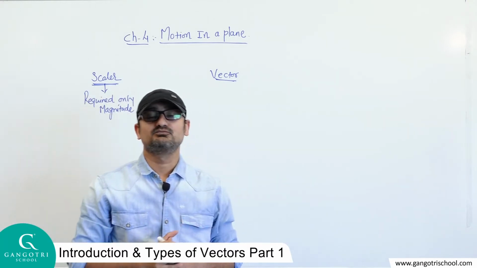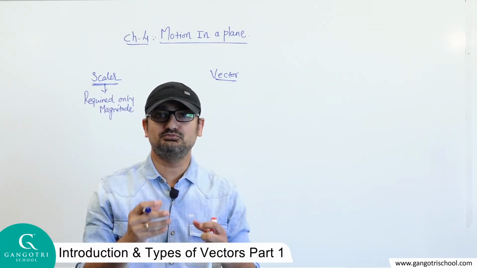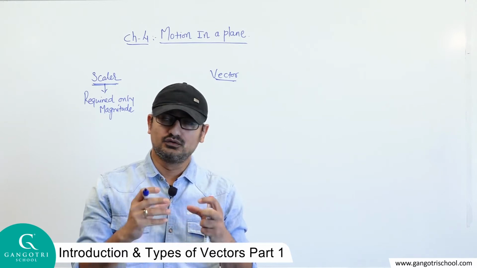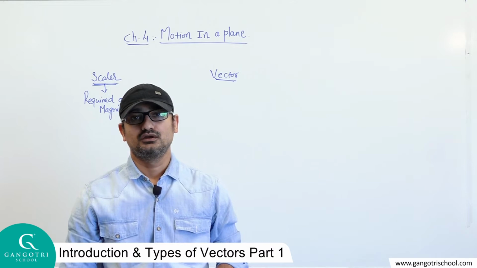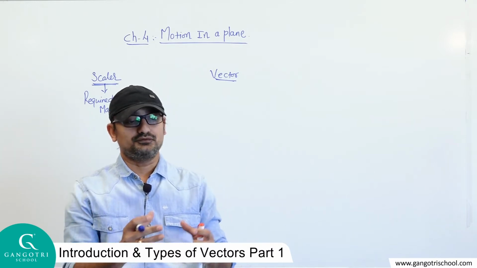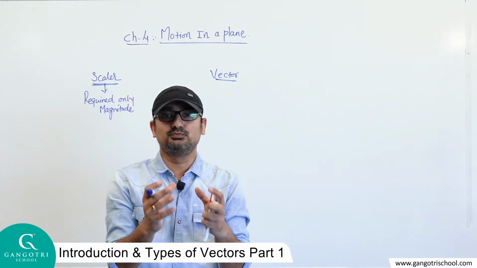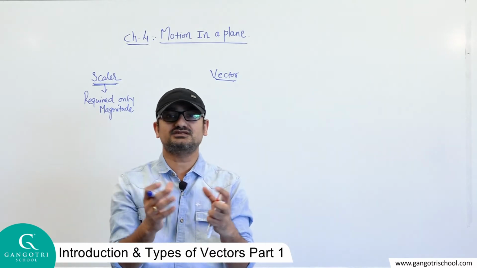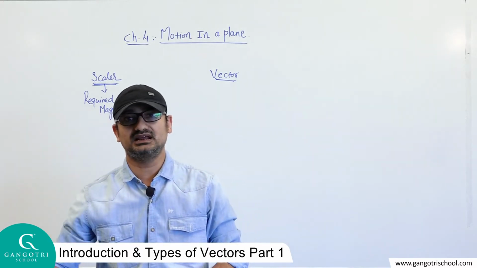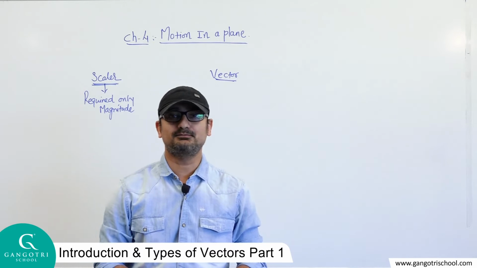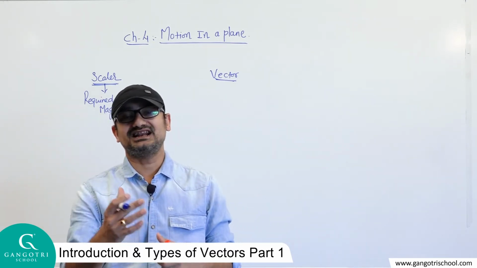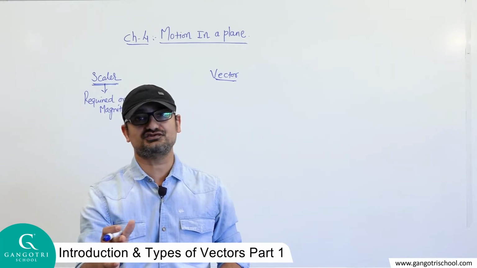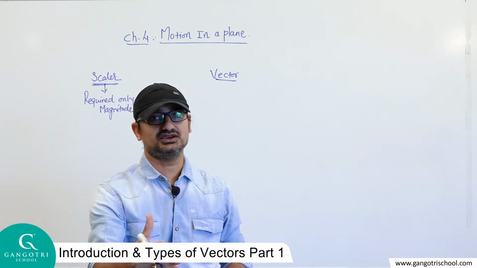On the other side, a vector physical quantity means a physical quantity which requires both magnitude as well as direction. For example, imagine a book or a block lying on the table, and if anyone pushes that block, means applies a force on it, you can ask two questions: how much force acts on it and in which direction.